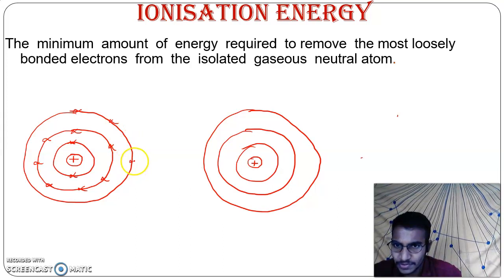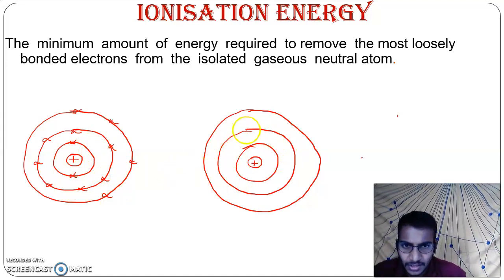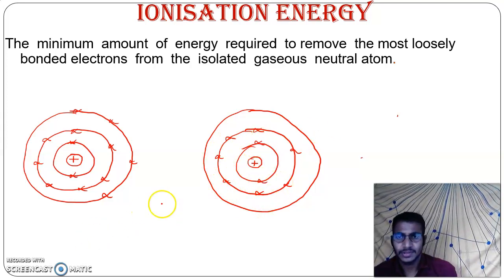So for our understanding, I'll take 4 electrons in this, let it be 7 electrons, and this is 2 electrons.